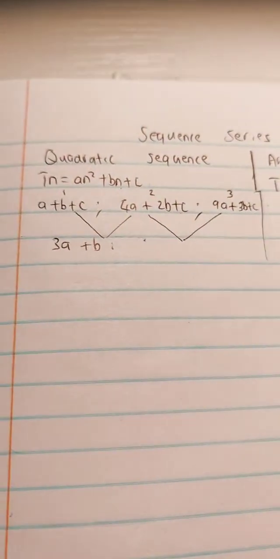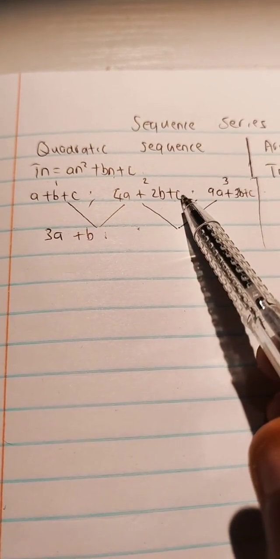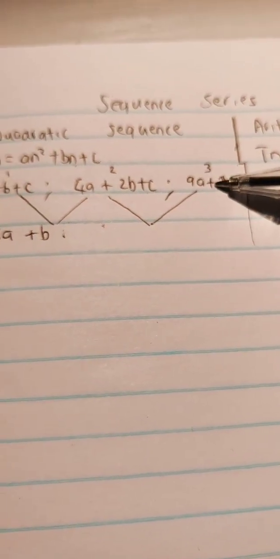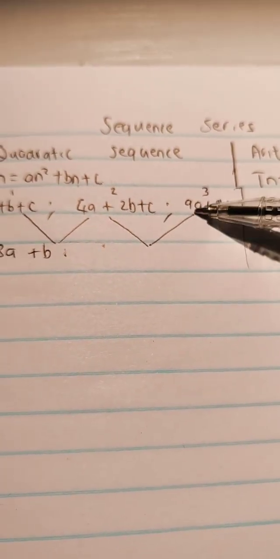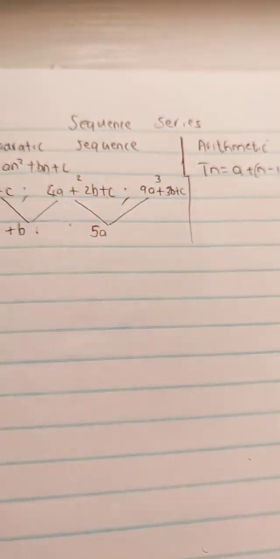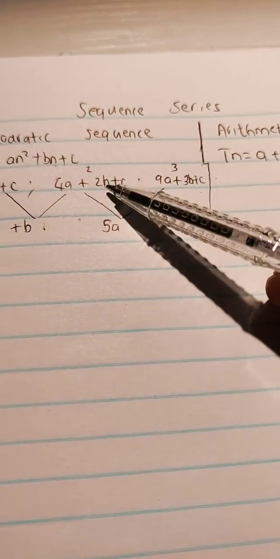That gives you positive B. And then C minus C gives you 0. Now subtract term 2 from term 3: 9A minus 4A gives you 5A, 3B minus 2B gives you positive B, and C minus C gives you 0.